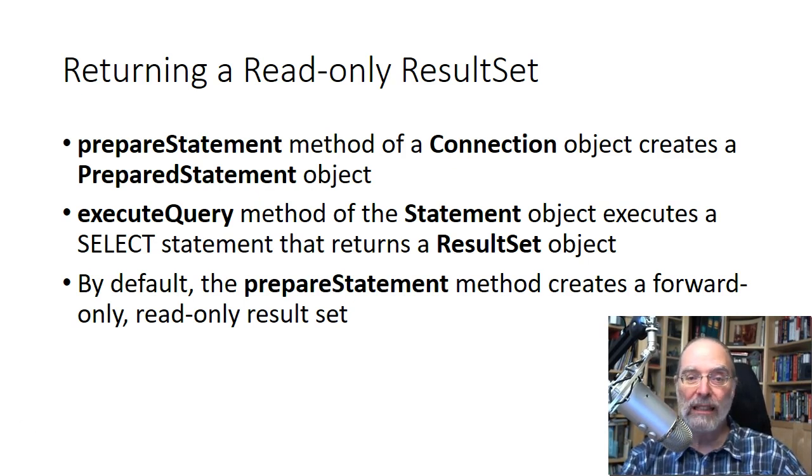It is perfectly acceptable, it is not an error, to issue a query for which the criteria results in 0 records selected. It just means you didn't find anything. It doesn't mean anything's wrong. By default, this creates what we call a forward only result set, meaning we can move forward from record to record, but we can't move backwards. And the result set is read only. We cannot edit the data directly in the result set.